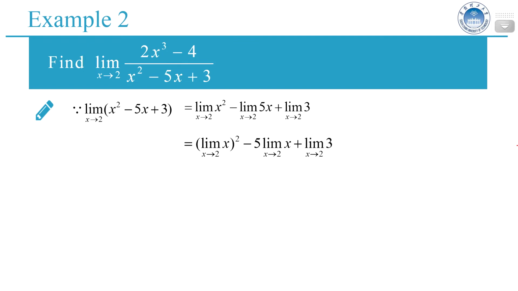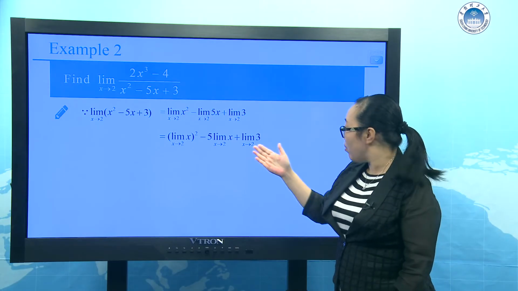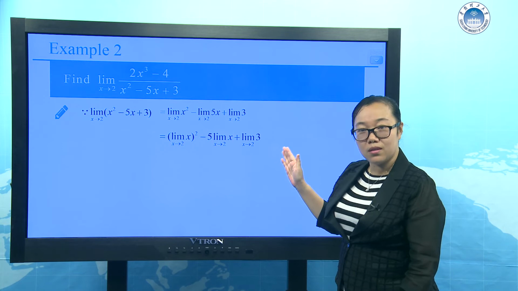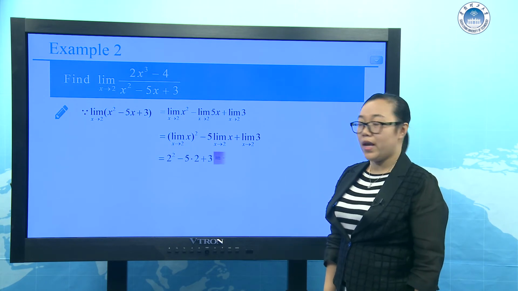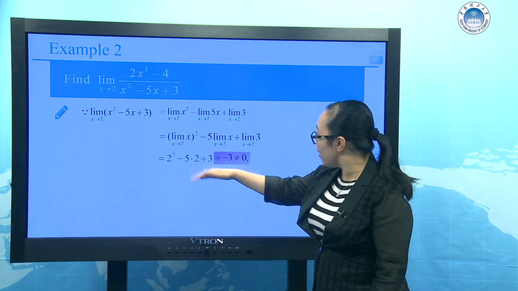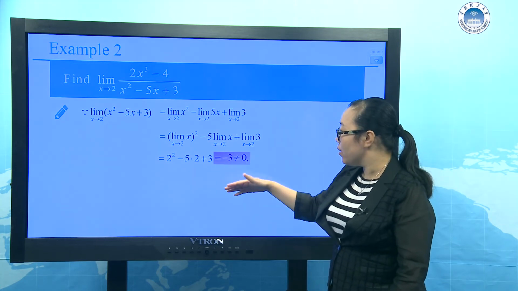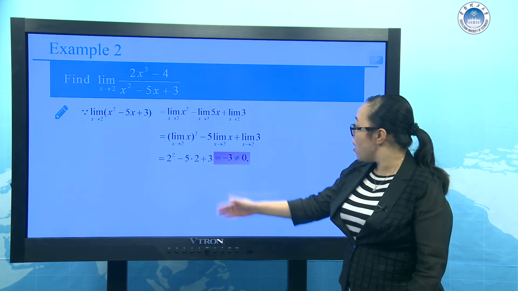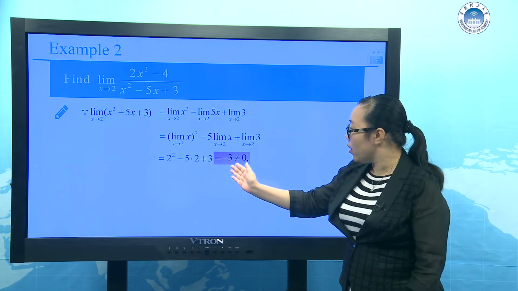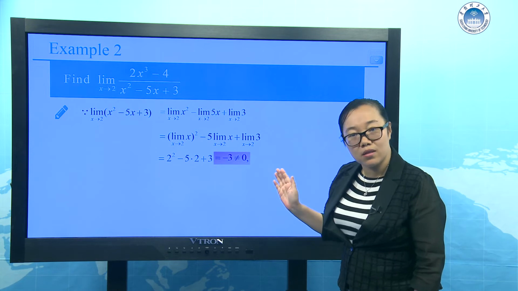For the power of 2, do the limit first and then square. 5 is a constant, we can take it out: minus 5 times the limit of x, plus the limit of c, where c is 3. Together this equals 2 squared minus 5 times 2 plus 3, which is 4 minus 10 plus 3 equals minus 3, which doesn't equal 0.